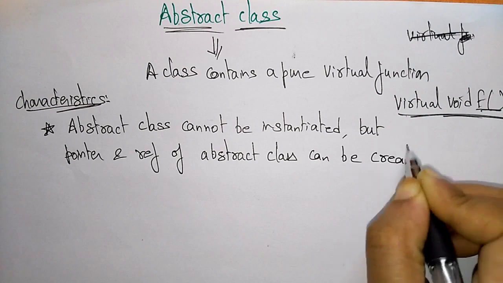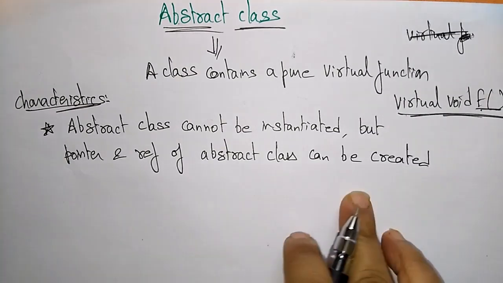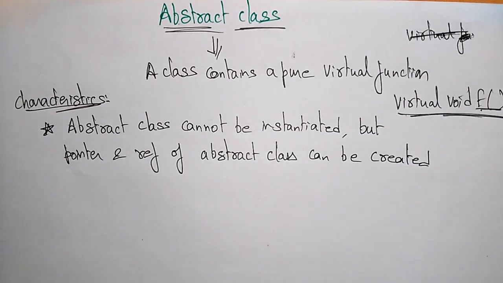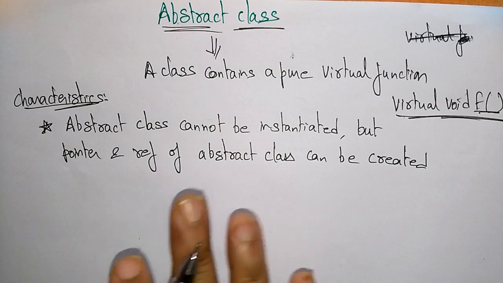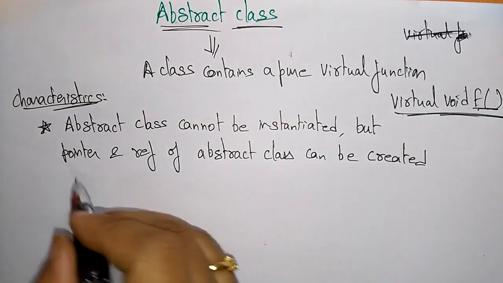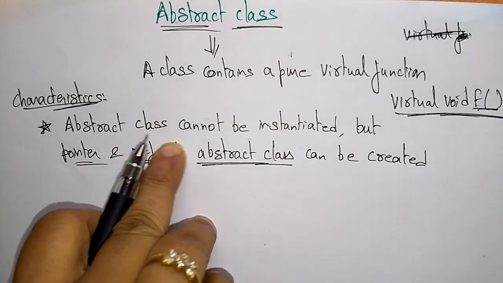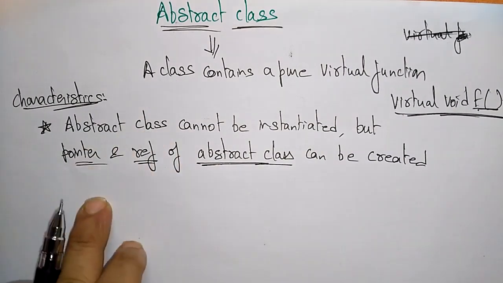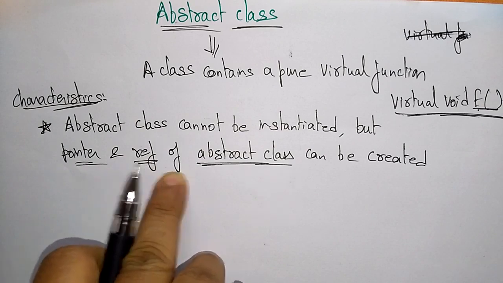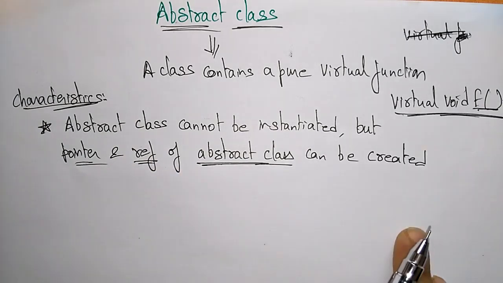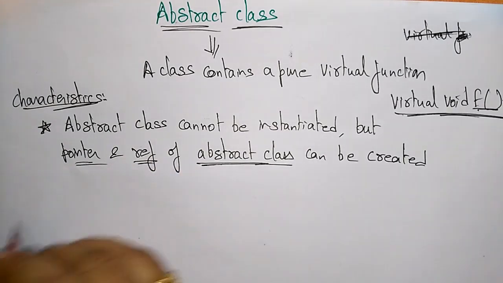If you use the pointer and reference of the abstract class, then it creates the object. But if you are just using the function, then in that particular class it doesn't create any objects. Just remember this point. I will give an example for this: a function without objects, and a pointer and reference. With the help of a pointer and reference, we can create the objects.